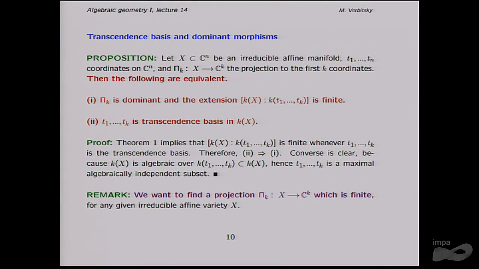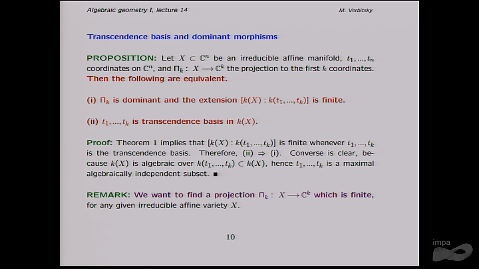First, Pk is dominant to Ck, and the extension, the field of fractions over the subring generated by the coordinates, rational functions, is finite.